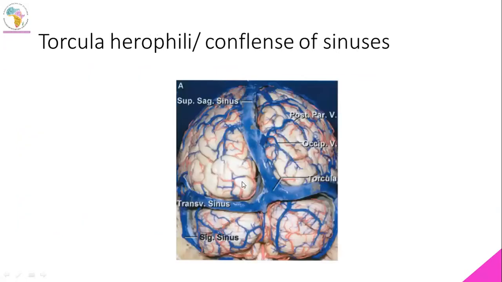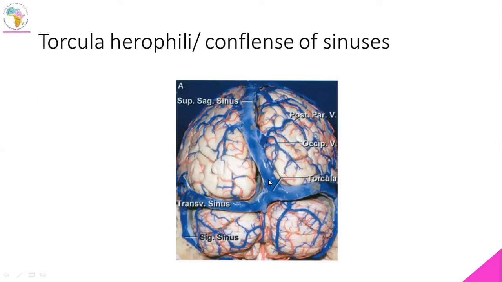This is an inferior view of the brain, where we can see both the occipital lobe and the two cerebellar hemispheres. Here we can find a confluence of sinuses, where we have the superior sinus, the two transverse sinuses, and sometimes the occipital sinus.